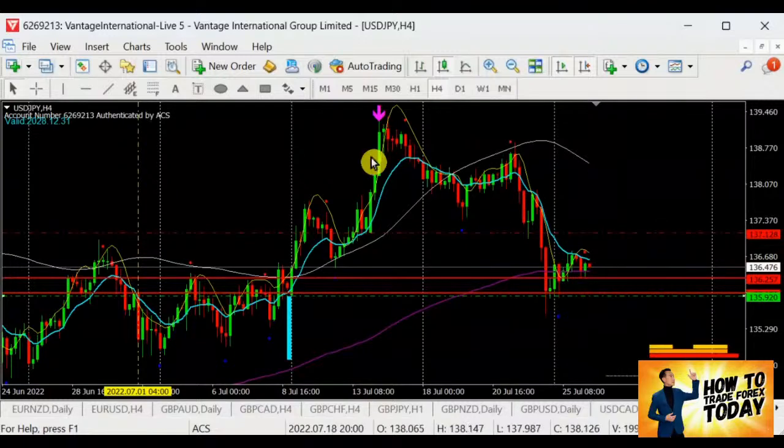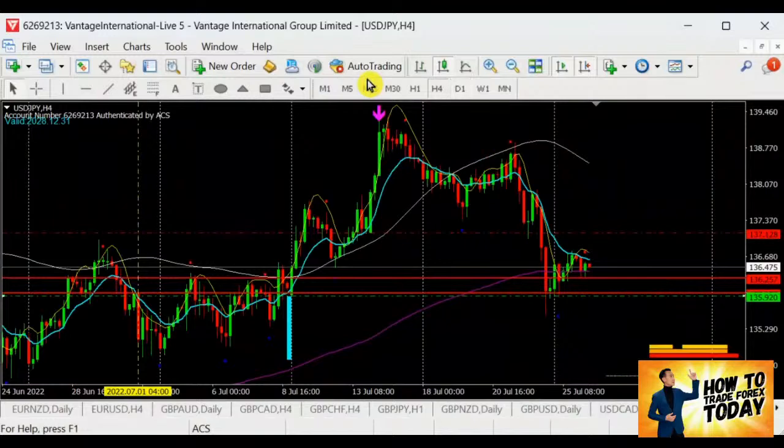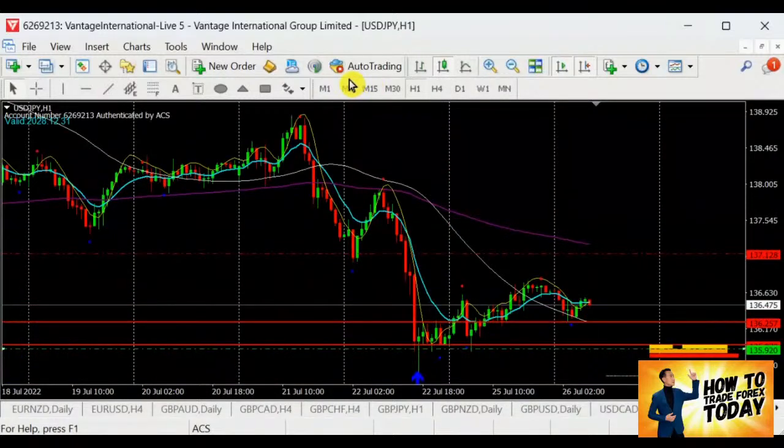So tentatively, I still think that if you want to sell, yes, you can. However, this may be a little bit tough because you have about 20 pips to go and you will meet up with a support.